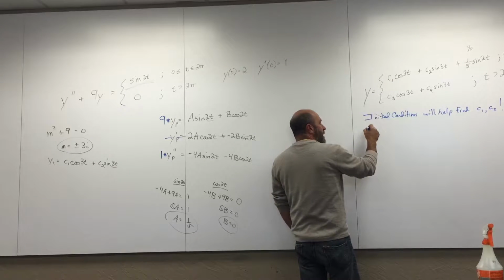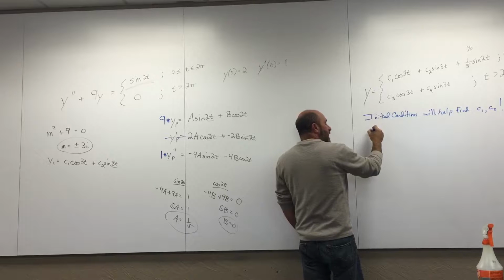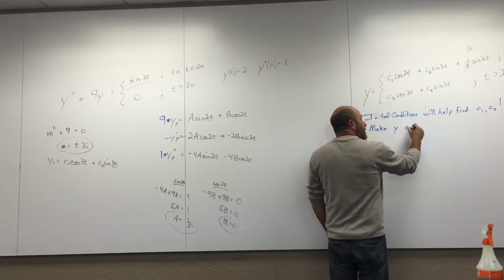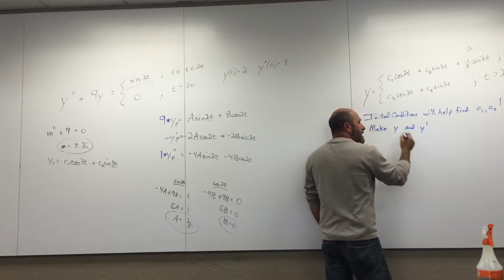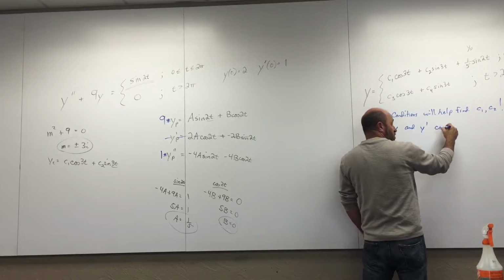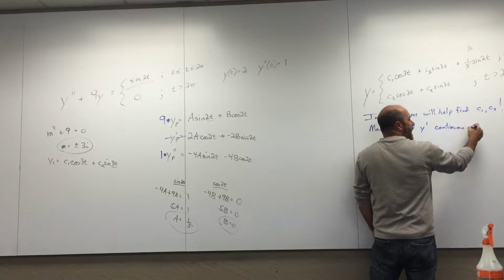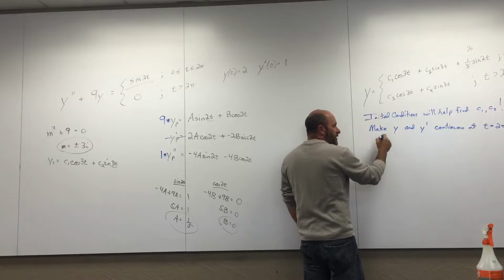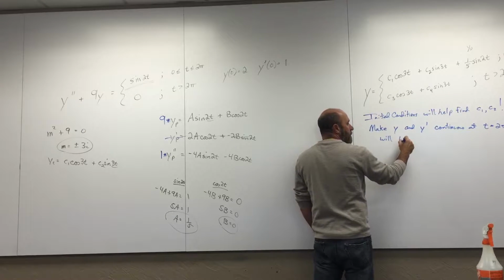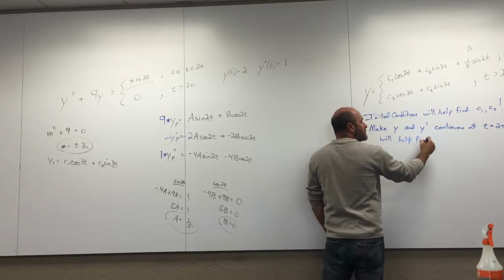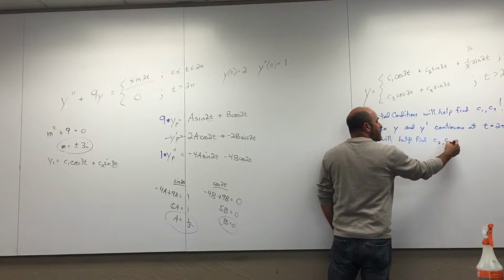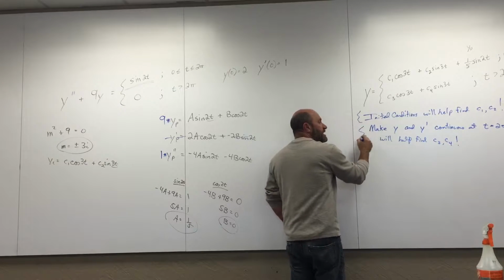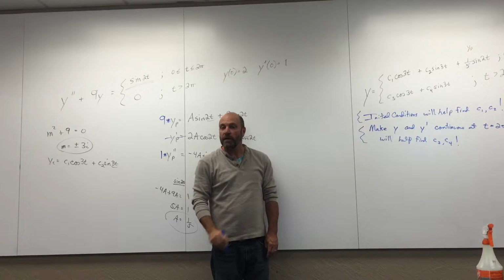And this new concept, making y and y prime continuous at t equals 2 pi, is what helps me find the other constants. Are you guys okay with that? We just said that, now I'm just writing it officially for you. That idea gets you C1 and C2, but this idea gets you C3 and C4, right?